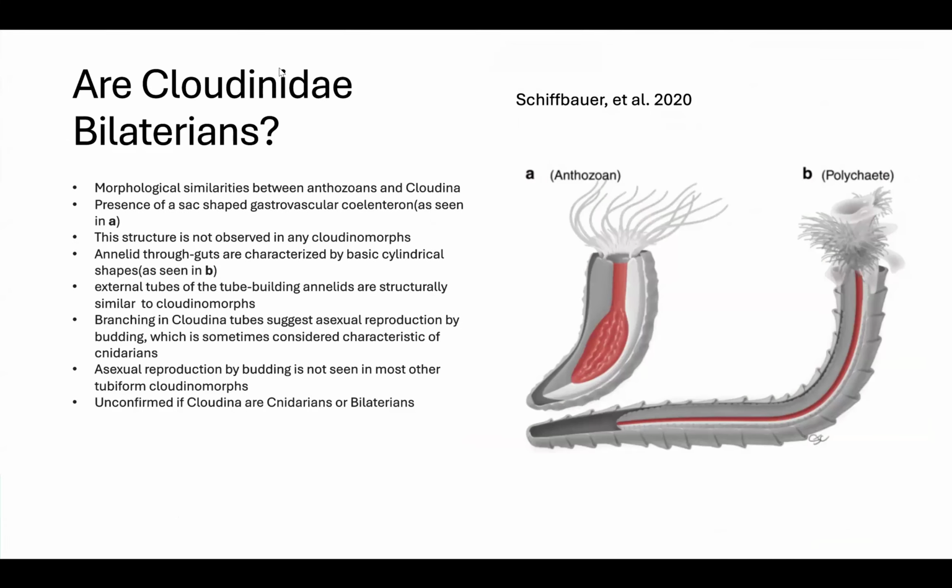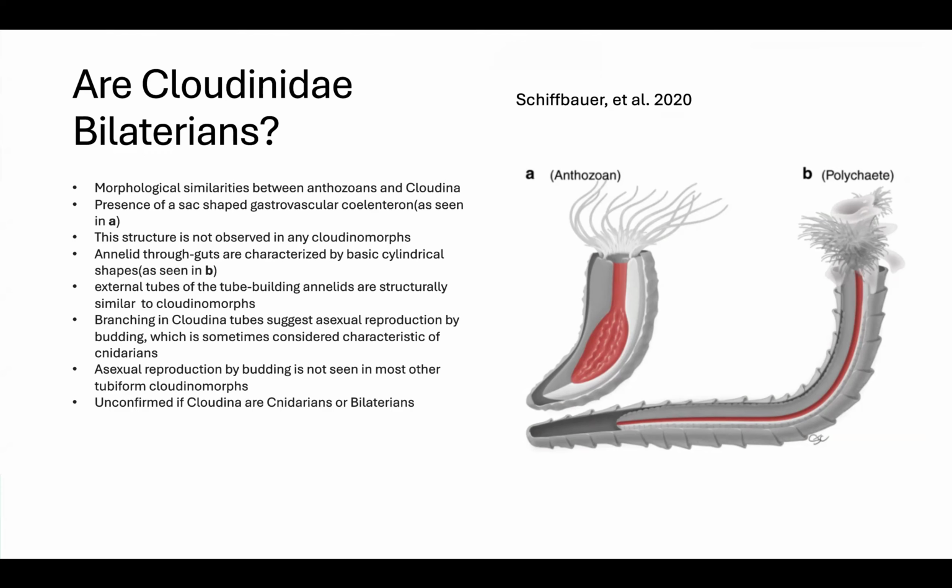Now, are Cloudinidae bilaterians? There are morphological similarities between anthozoans and Cloudina. Now, anthozoans are cnidarians. There is a presence of a sac-shaped gastrovascular coelenteron, as seen in A, which is a digestive cavity found in cnidarians. The annelid through-guts are characterized by basic cylindrical shapes, as seen in B. The external tubes of the tube-building annelids are structurally similar to cloudinomorphs.